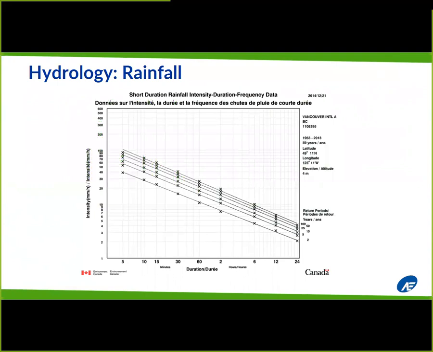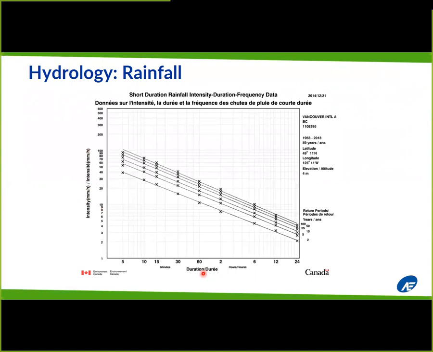So it's a graph that shows you on the vertical axis the intensity of the rainfall. So in this case, it's millimeters per hour, but it could just as well be inches per hour or per minute, however you like. And at the base, it shows you a duration. Various clients have various different design standards. Every city tends to have their own approach for selecting a level of service standard.